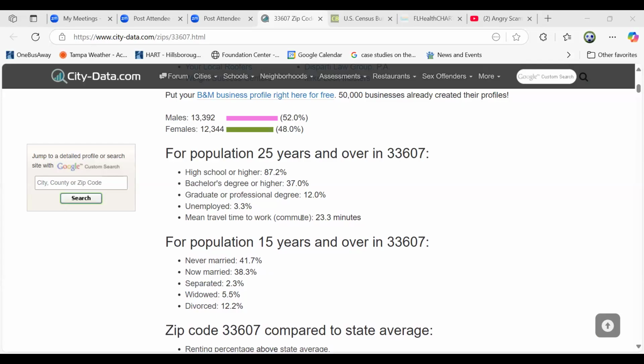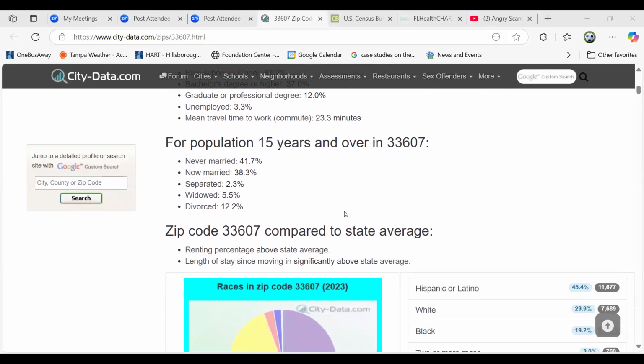That's a very high number. Whenever you go to a community and that high school graduation rate is 20, 30, 40, 50, you know you got a serious problem. In this neighborhood, 37% of people have at least a bachelor's degree. Most of the neighborhoods that I work in, probably 5% of the people have a bachelor's degree.